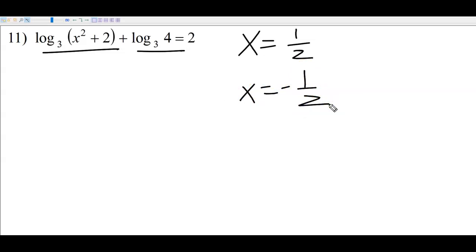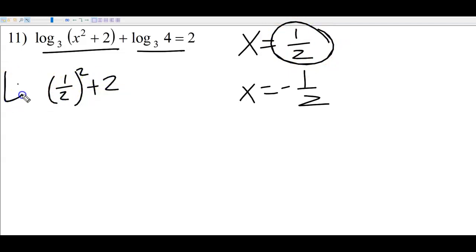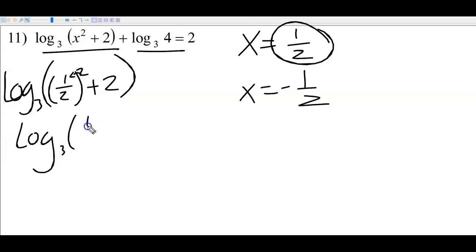Okay, so I'm going to plug in, let's try the half first. So if I were to plug the half in for my x, would I end up with a negative inside the logarithm? Let's see. Well, I don't think we would, right? Because if we square this, you're going to end up with a 1/4. And if you add a fourth to 2, you're not going to get a negative number, and you're also not going to get 0.